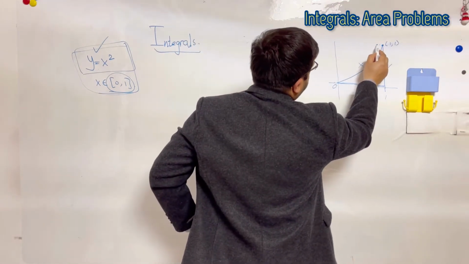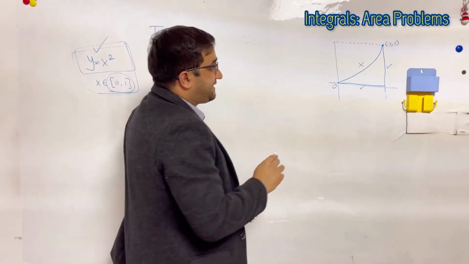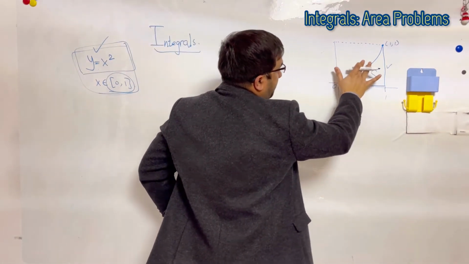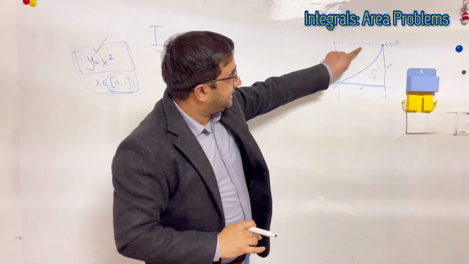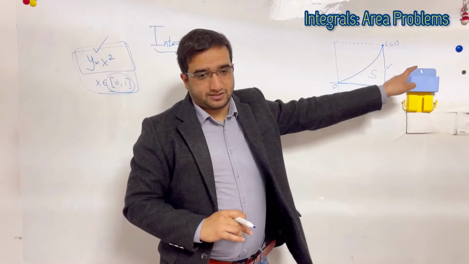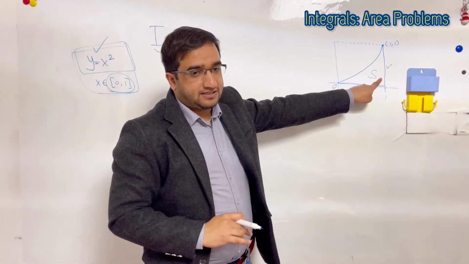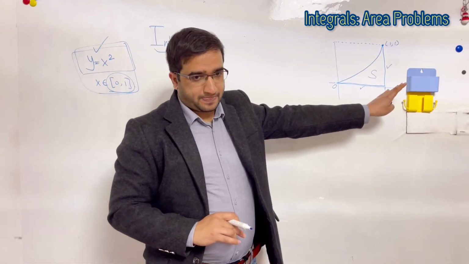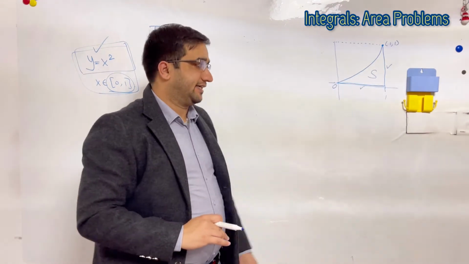So if I connect this here, it seems like the area of this region will be contained within the area of a square box. So whatever the area of this region will be, it will be less than the area of this square box, and it will be greater than the area under the straight line.